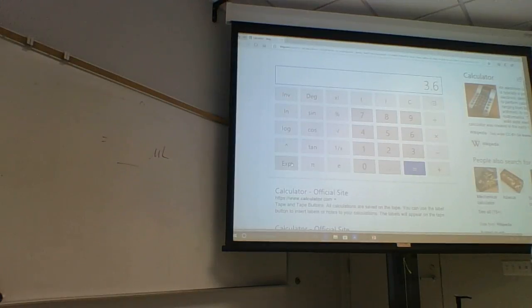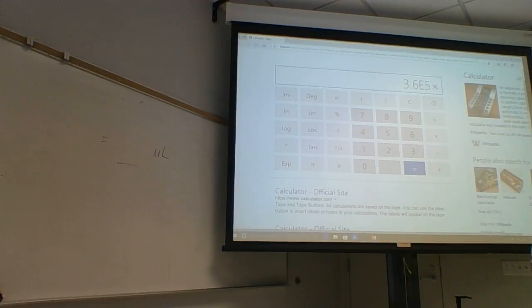3.6, okay, then we hit this EXP or the EE key or the times 10 key, and so this is E, which means times 10 to the positive 5. That's 3.6 times 10 to the positive 5. And then we could just square root that. This is a different kind of calculator. If you have a TI or something like that, you punch in the number and then you hit the square root key. If you have a Casio or something like this, then it's different.